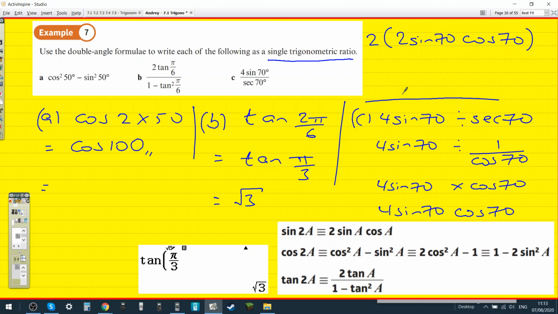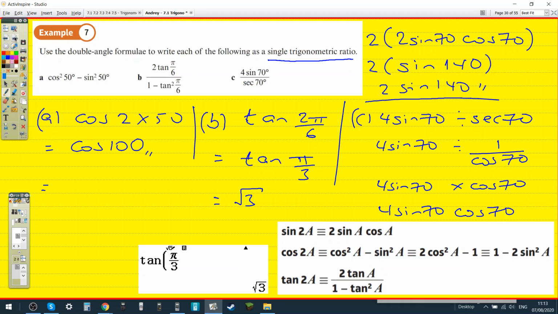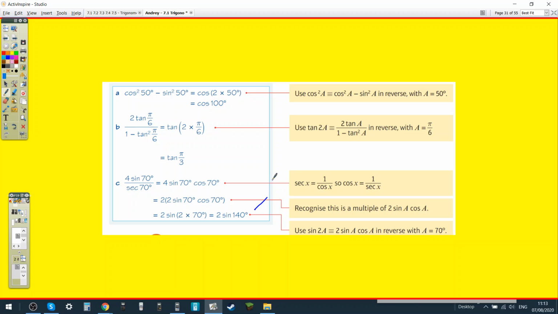Then I sub in 2 sine 140. Yep, I think so. So that's 2 sine 140.